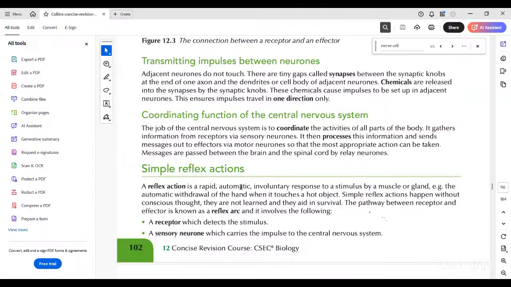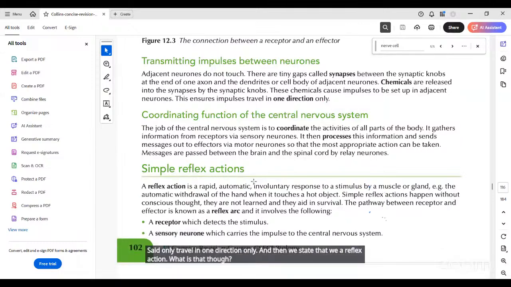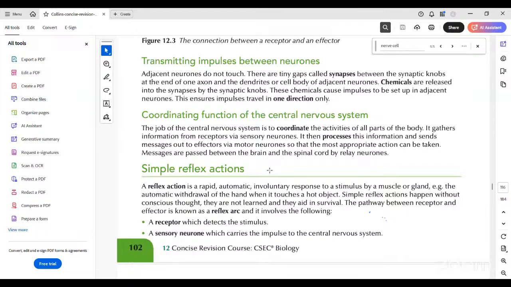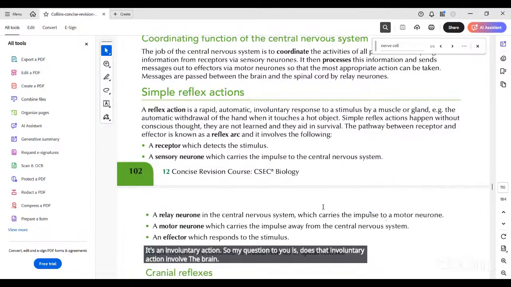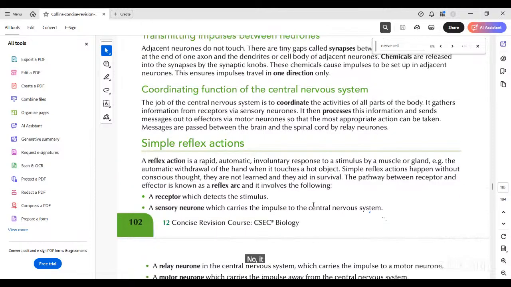a reflex action. What is that though? When you automatically do something without thinking, so it is involuntary. An involuntary action. So my question to you is, does that involuntary action involve the brain? No, it doesn't. I think it involves a certain part of the brain.